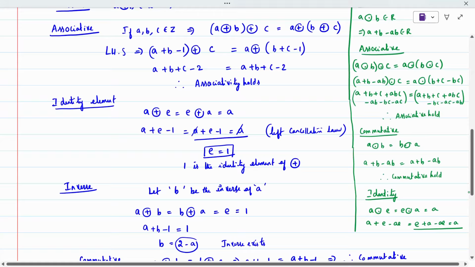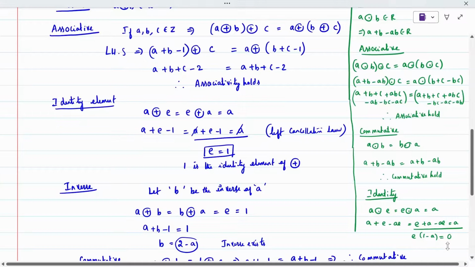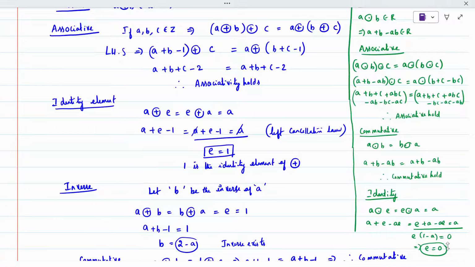When I take E, I can take it commonly outside. 1 minus A, equal to A gets cancelled. It becomes 0. So E equal to 0. A not equal to 0, E equal to 0. So 0 is the identity element for the dot operation.